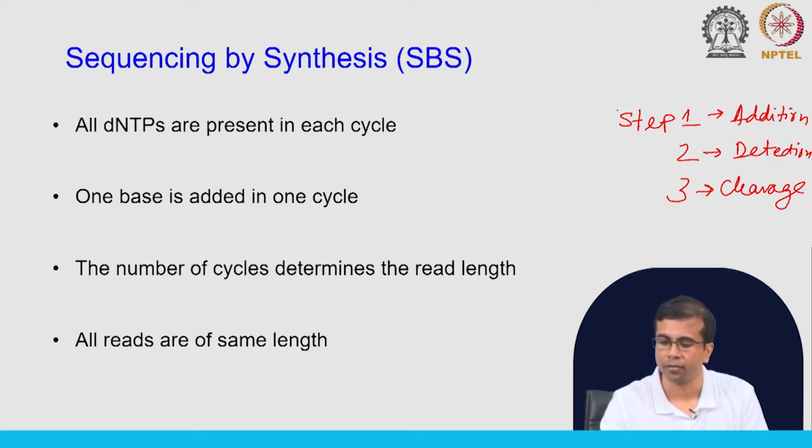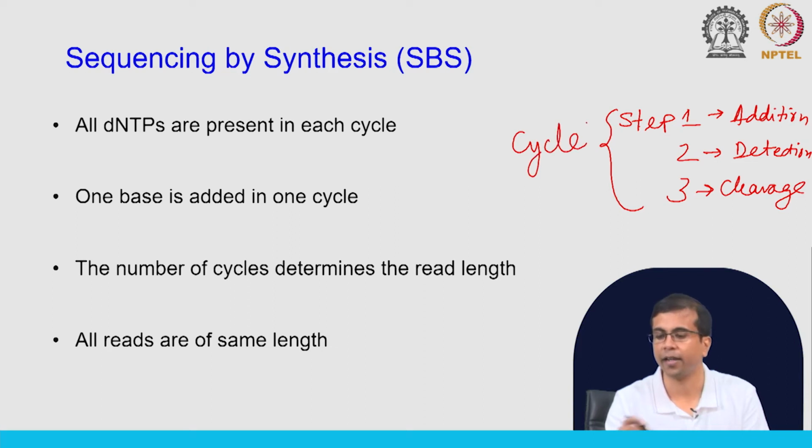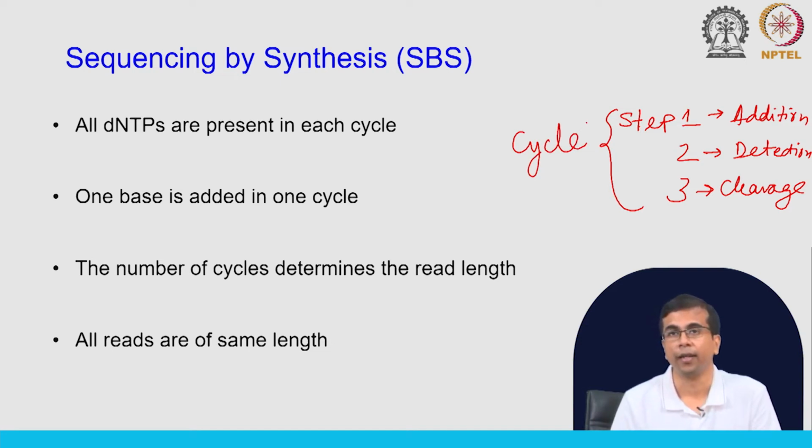So, you have these 3 steps in one cycle. This constitutes a cycle. You can decide how many cycles you want by controlling the cleavage step, for example. If you do not want any more cycles, you just stop there and there will not be any more synthesis after that. The number of cycles that you allow will determine the read length that you get.